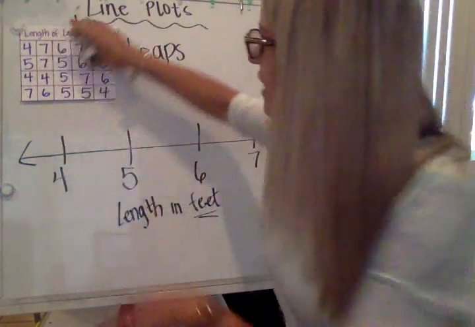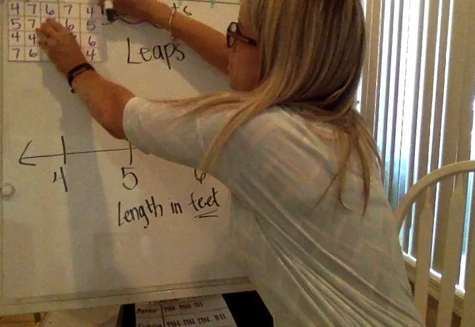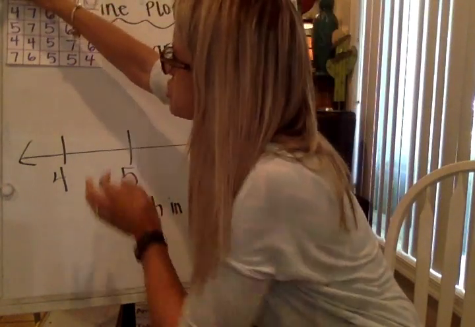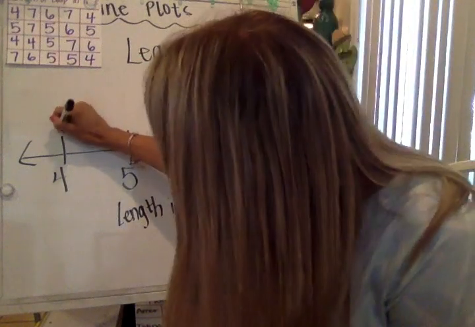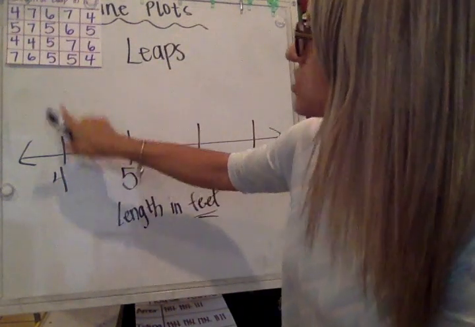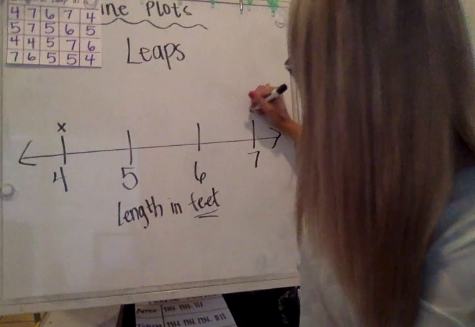So now I'm going to look at each of these data points, and I'm going to kind of move this up so I can have more information spot here. Number 4, we are using X's this time. So 4 has 1, 7 has another.